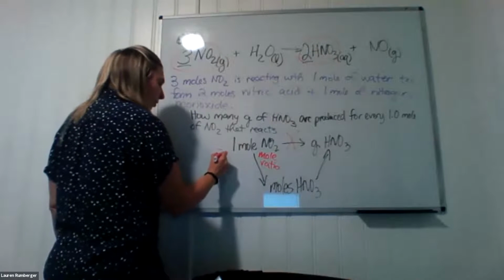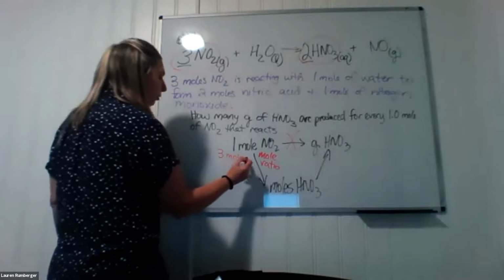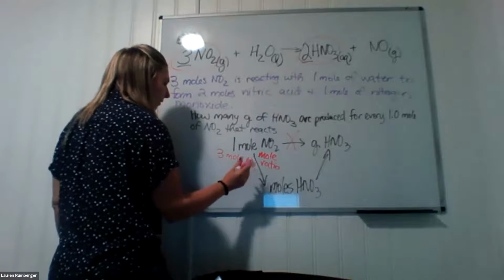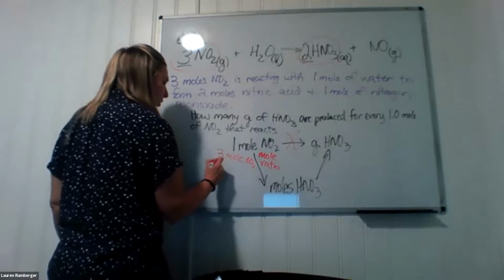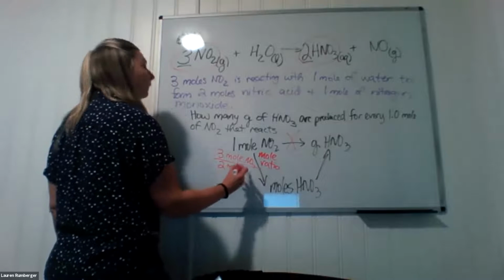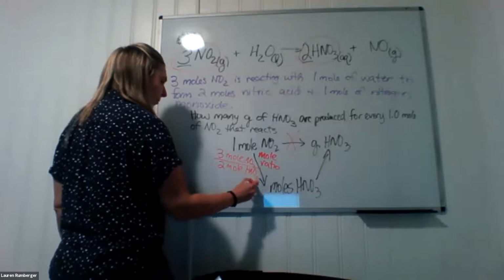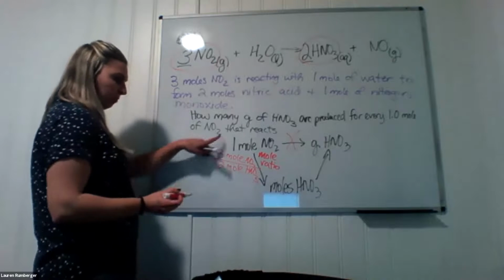So that means we're going to use the conversion factor of 3 moles of nitrogen dioxide per 2 moles of HNO3. That is your first step.